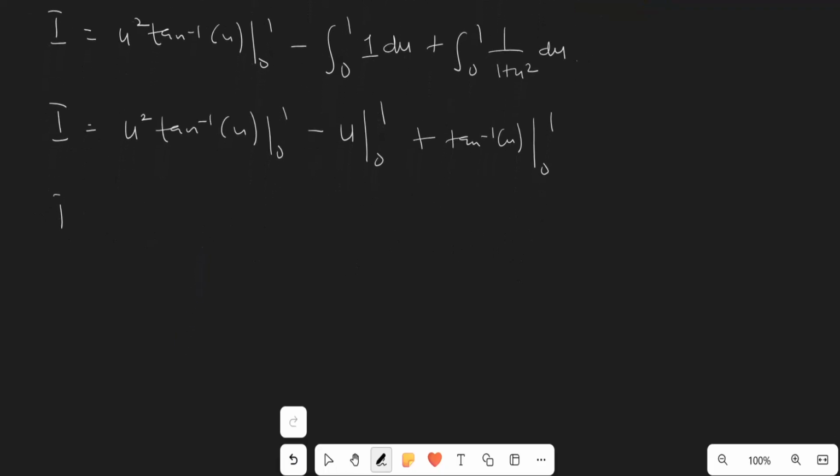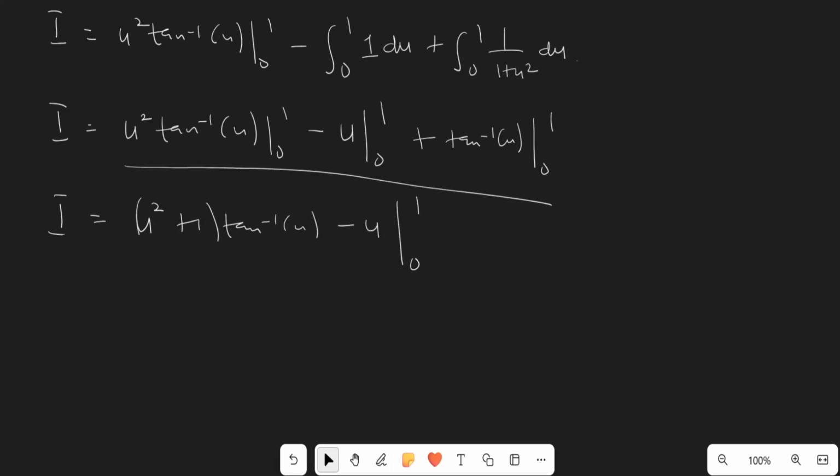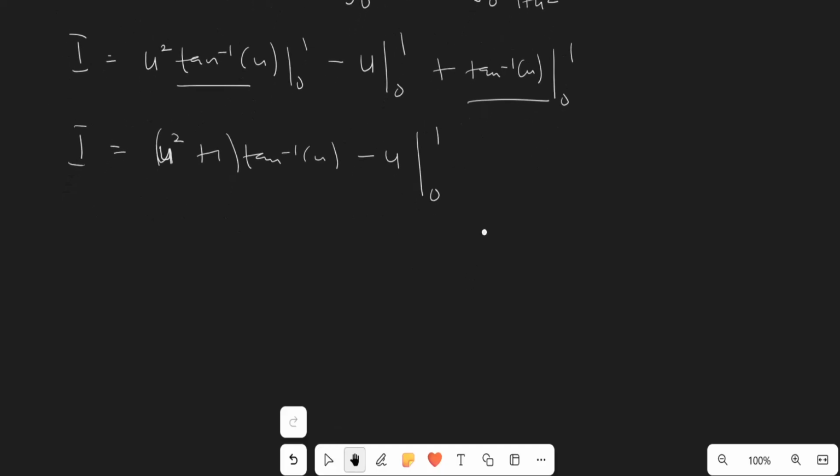So we can now combine these terms. This is going to be u squared plus 1, all times the tan inverse of u, minus u, all from 0 to 1. I'm just combining everything here. The tan inverse of u can be factorized out, and you have u squared plus 1, then minus u, and you are taking the limits of integration from 0 to 1.